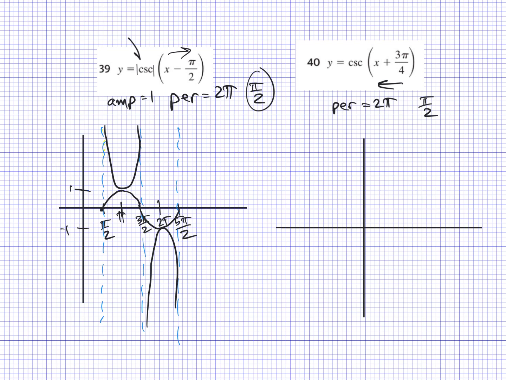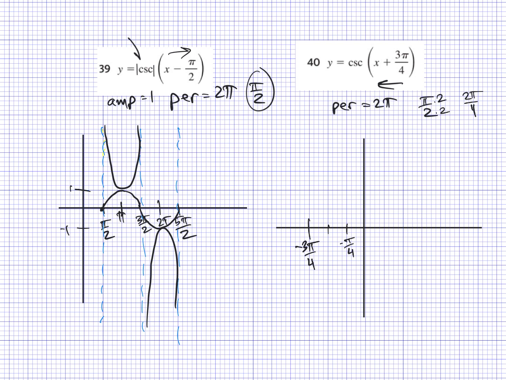So let's see. Let's do each big block is pi over 4. So there's -3 pi over 4. And then we got to go every pi over 2. So let's get a common denominator. That's 2 pi over 4. We're adding 2 pi over 4 to -3 pi over 4. That gives us -pi over 4.